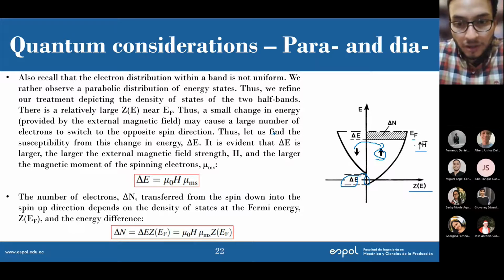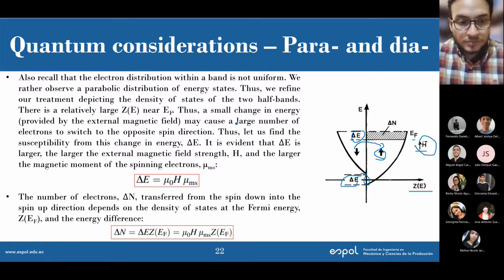So if I apply a stronger magnetic field, obviously this will be even higher, right? And that also affects the magnetic moment of the spinning electron. So if I apply a stronger or larger magnetic field, that will also cause a larger magnetic moment of those spinning electrons.